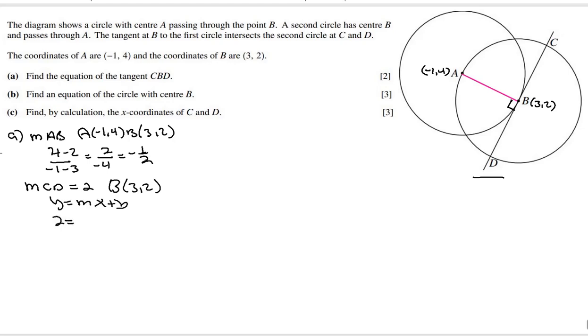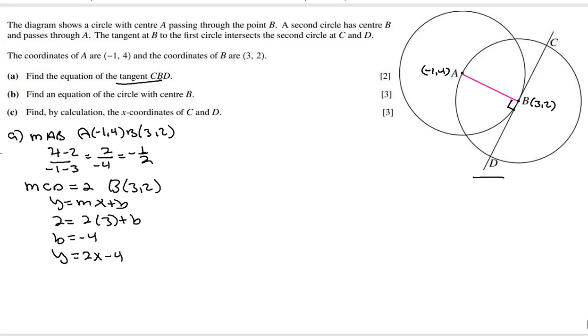This is the y, this is the slope, this is the x, and then I've got to find the y-intercept. And so if I have 6 and I subtract on both sides, I'm going to get that the y-intercept is going to equal negative 4. And so my equation is going to be y equals 2x minus 4. And see, that's the answer to question A.